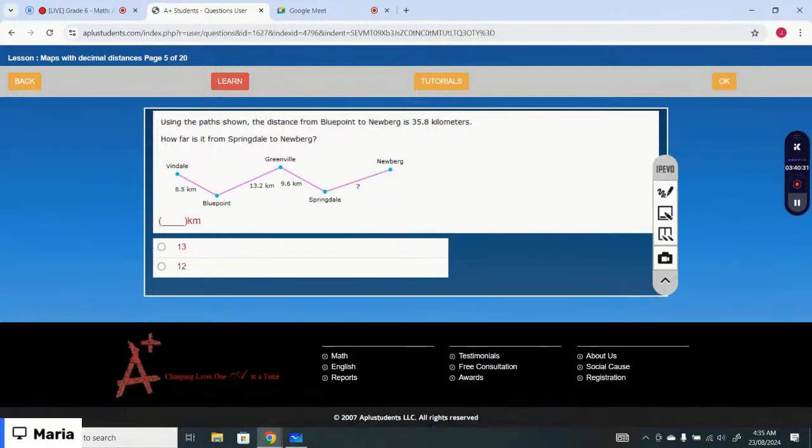Using the path shown, the distance from Blue Point to Newburgh is 35.8. How far is it from Springdale to Newburgh? So, which is the correct option?